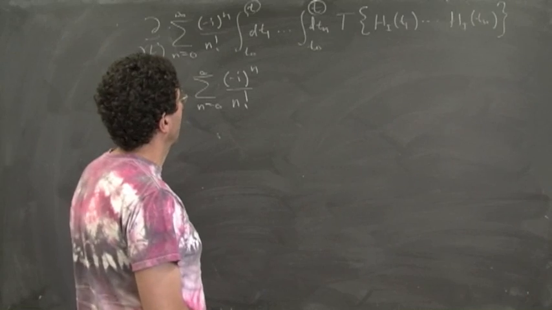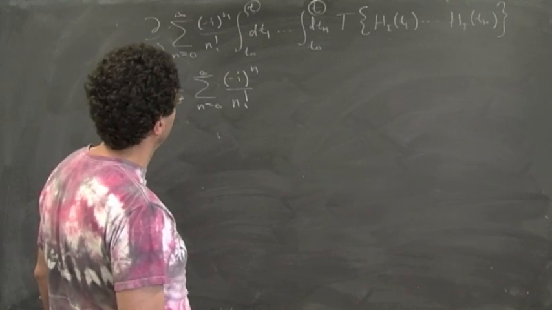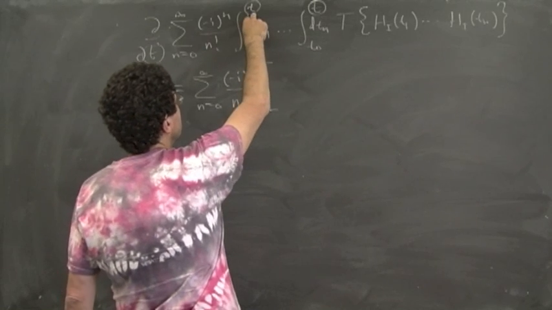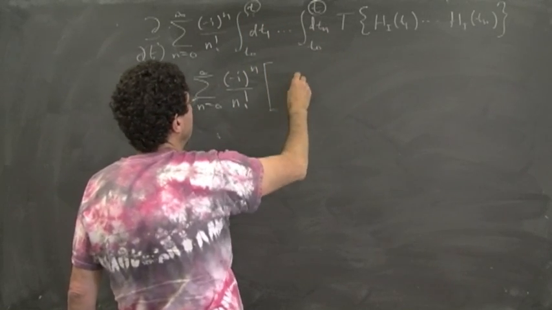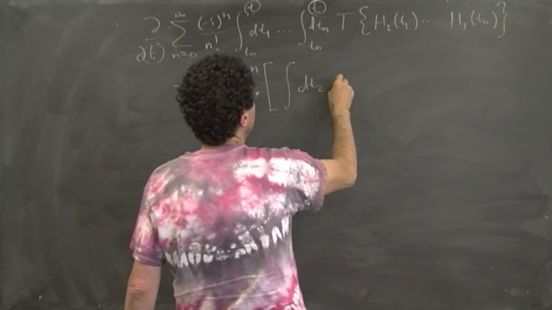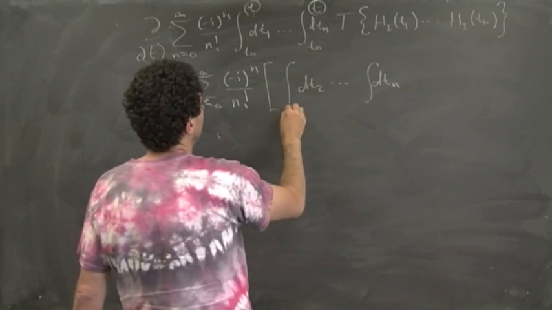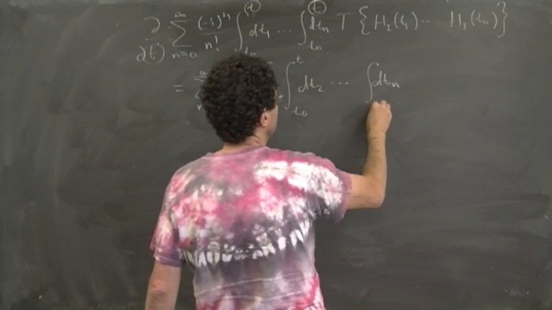So let's write the first term that we get. The first term hits this one, and so it leaves the remaining integrals, so there'll still be dt2 up to dtn, so there'll be n minus 1 integrals, all still going from t0 to t.